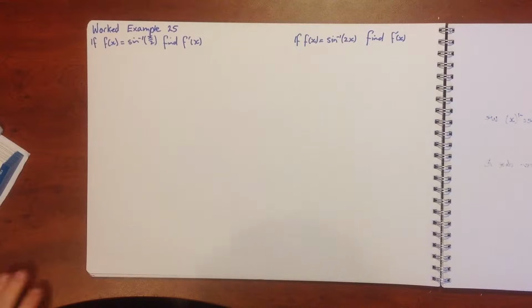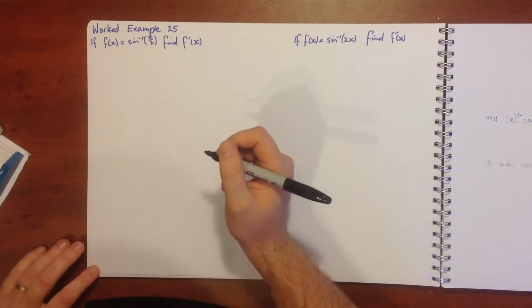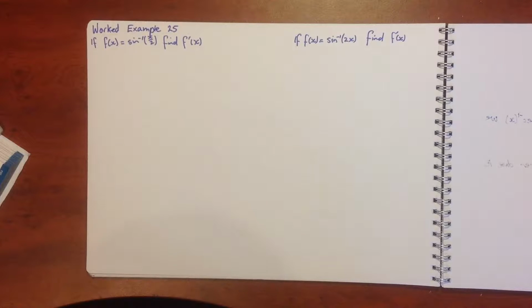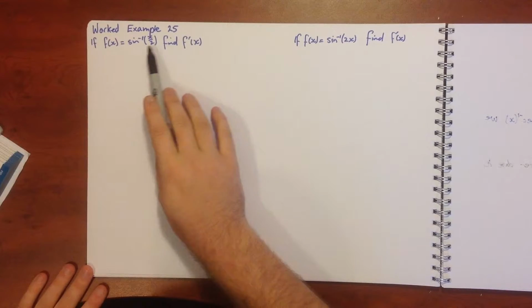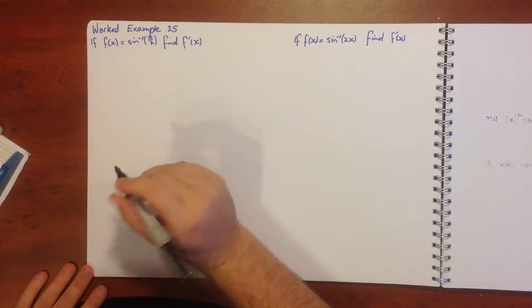So looking at work example 25, we've got: if f of x equals inverse sine of x on 2, find f dash of x. We just need to do things with these ones about stating their maximal domain. So if you have trouble with a bit of that stuff, you might need to look back at the section on trigonometry, just to do a bit of a refresher.